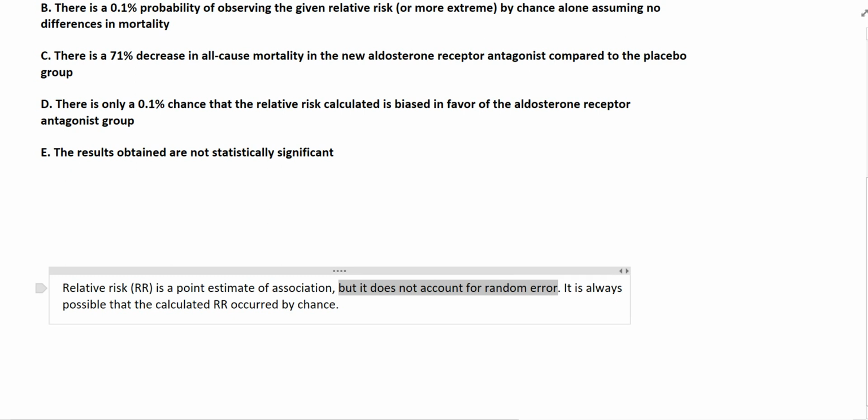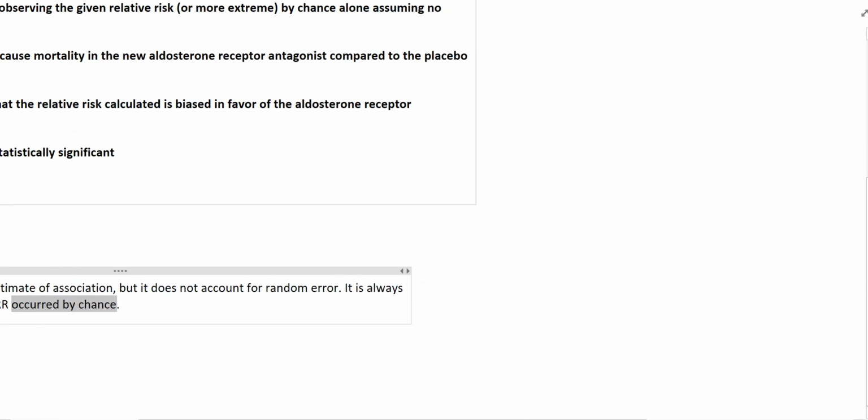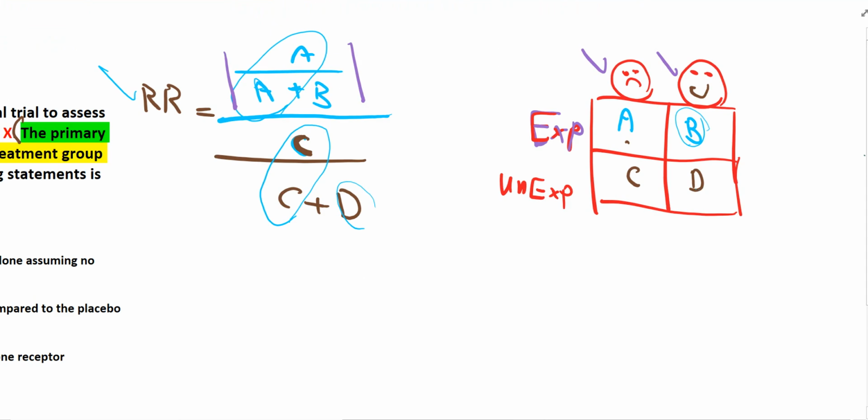It's always possible on that premise that a calculated relative risk occurred by chance. So whatever association you were looking for, it could come out very strong, but again, that could happen by chance. I hope that explained relative risk in brief.